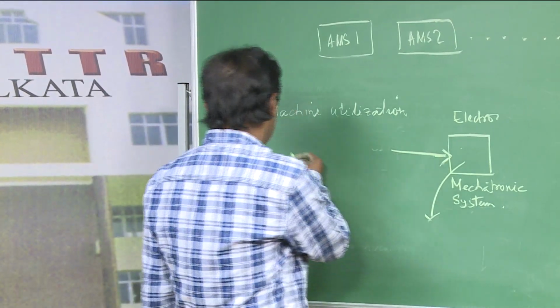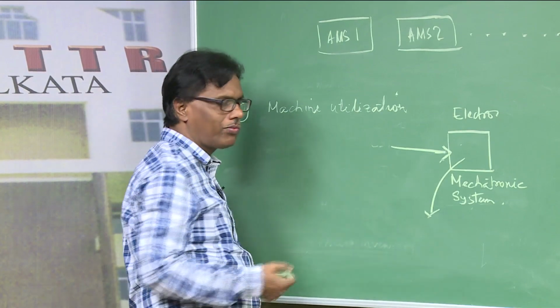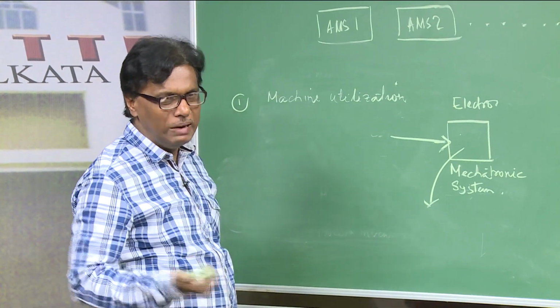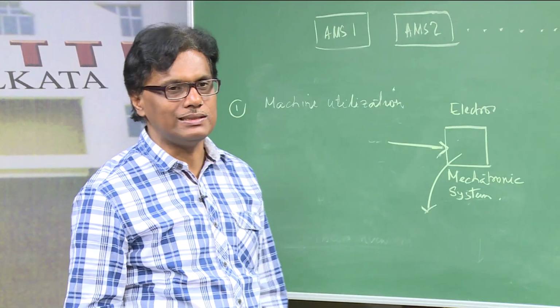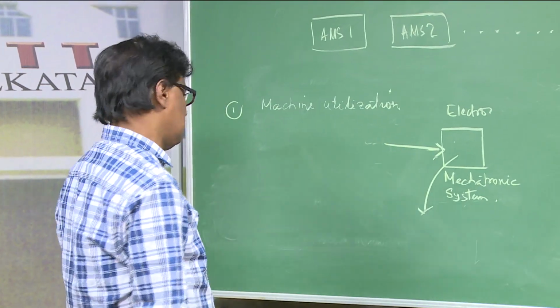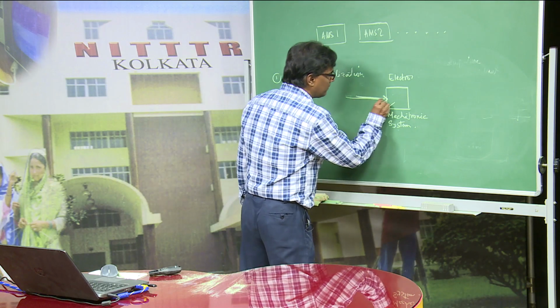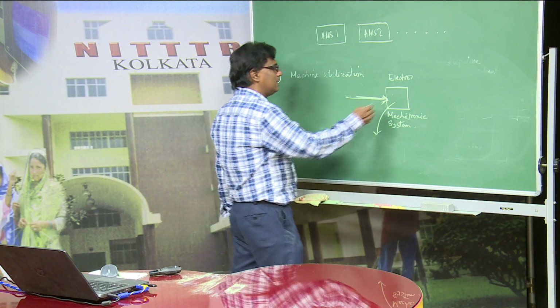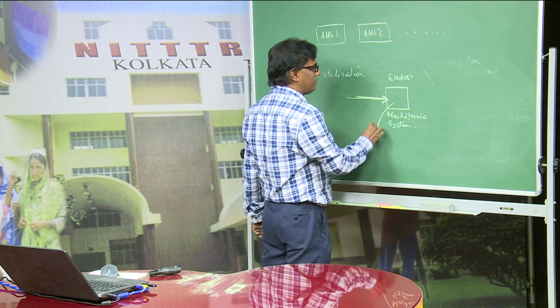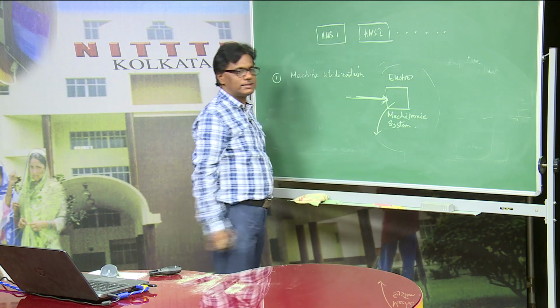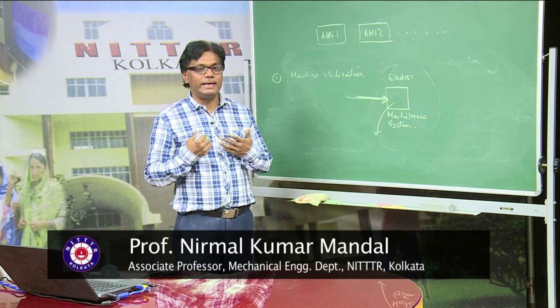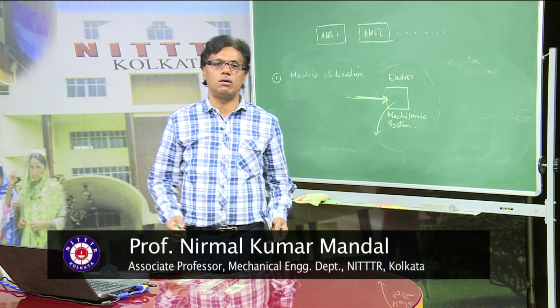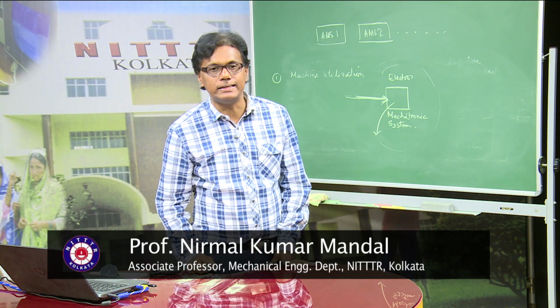A conventional lathe or milling machine can be functional years after years, but the life of any mechatronic system or electromechanical system is very less, maybe in the tune of 10 to 15 years.